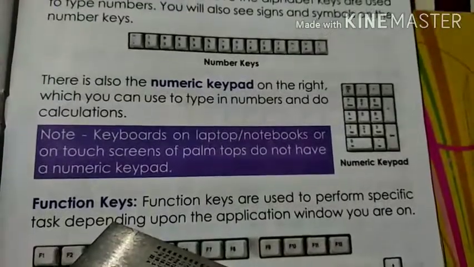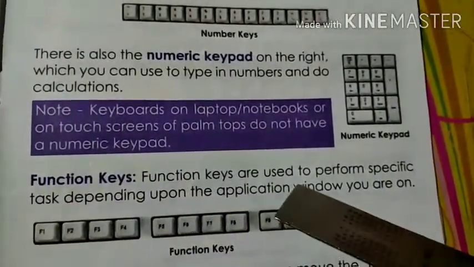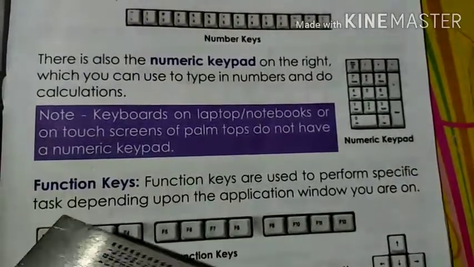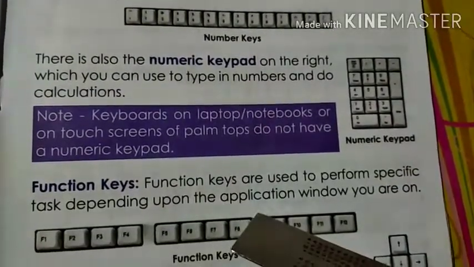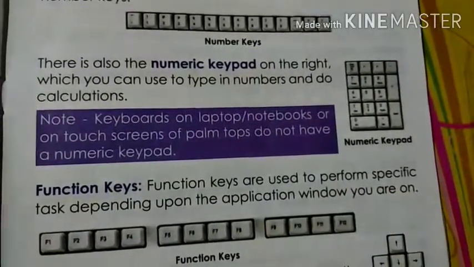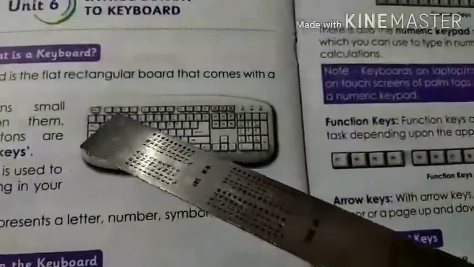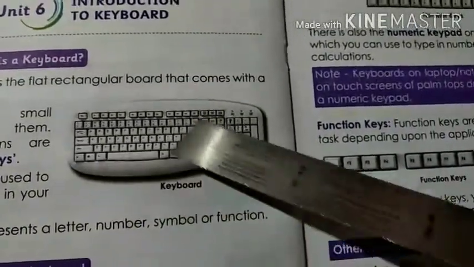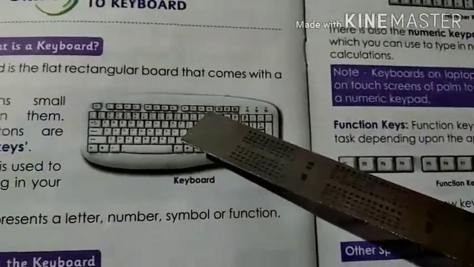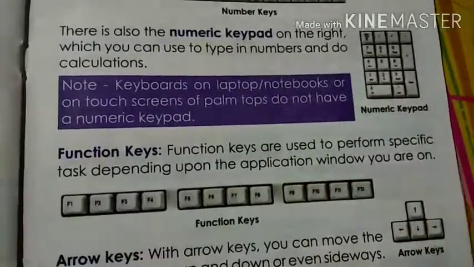The next type of keys are function keys. Function keys are used to perform a specific task depending upon the application window you are on. Again we have them on the top row of the keyboard. You can see here F1 to F12, we have the function keys on the keyboard.